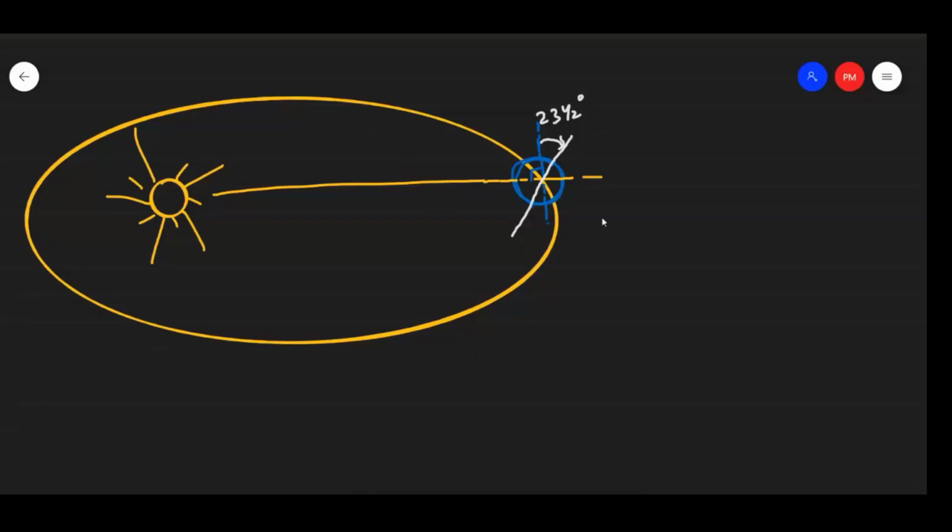So we can say Earth is tilted at 23.5 degrees to the normal to the orbital plane, or otherwise we can say 66.5 degrees to the orbital plane, isn't it? So it was 66.5 degrees to the orbital plane.